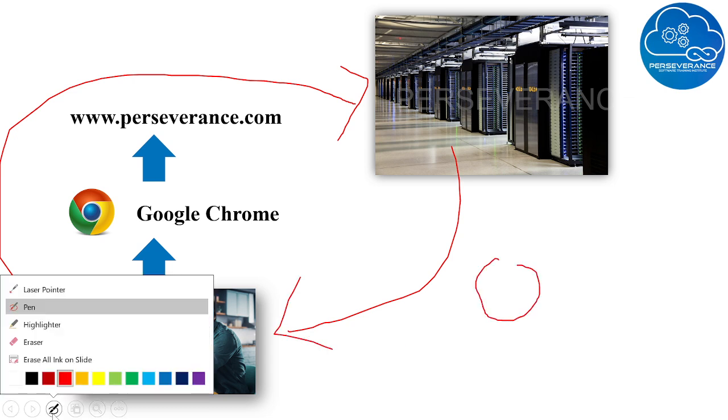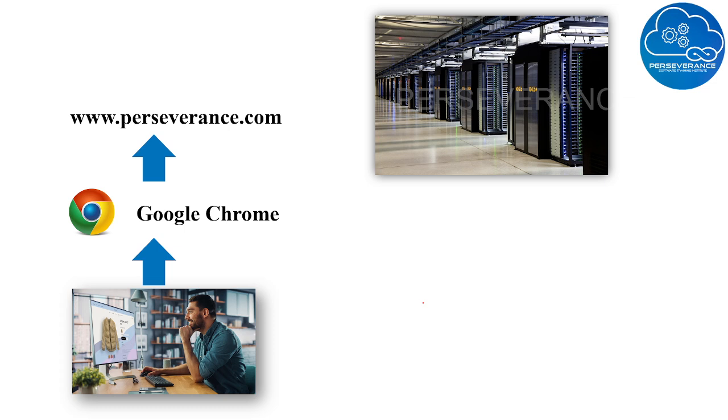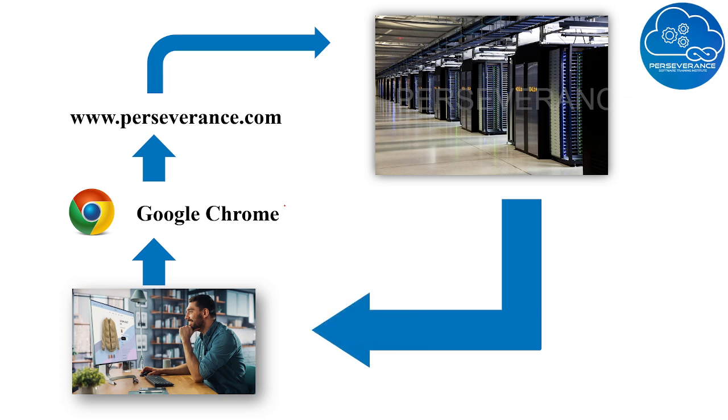So now, let's resume to this slide. When perseverance.com is typed in, it is loaded from somewhere. It connects via the internet to the huge computer where the software is available. From there, the response comes to the system of that particular user, correct?